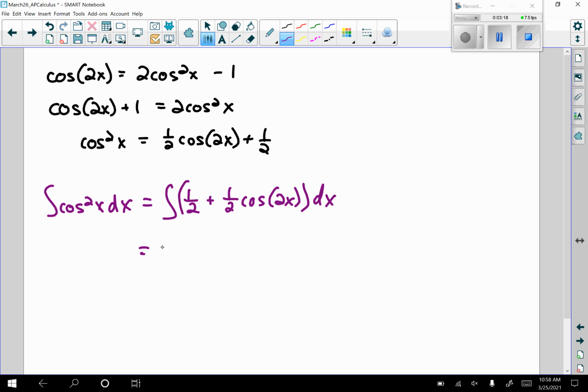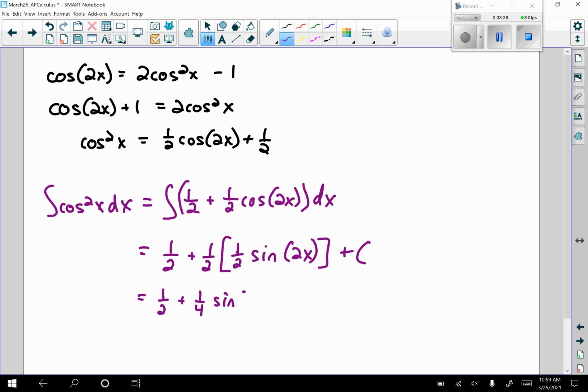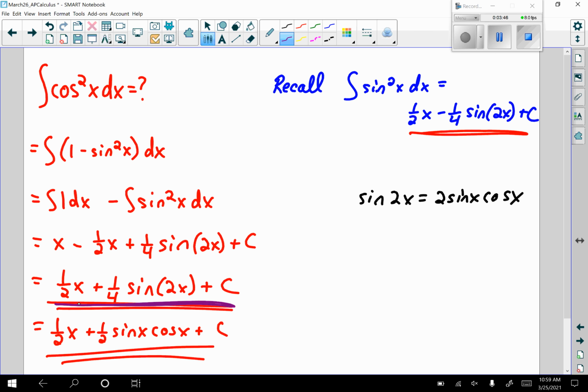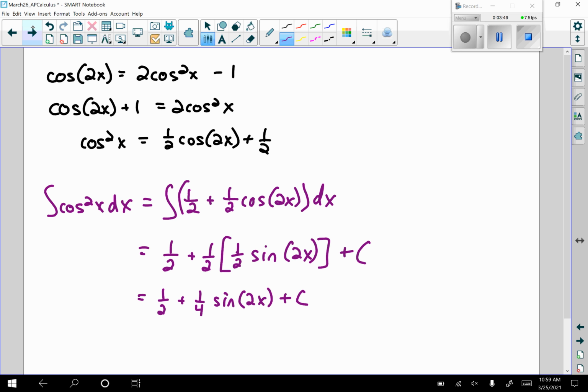Now we take the antiderivative of each term, so we're going to get 1/2 x plus 1/2 times sine, but we'll have a 1/2, and then we'll have sine of 2x plus c. So we get 1/2 x plus 1/4 sine of 2x plus c. A little bit quicker that way, but again, we can compare. We ended up with that right here as well. So two identities that could have helped us.